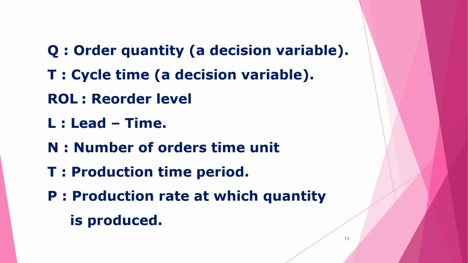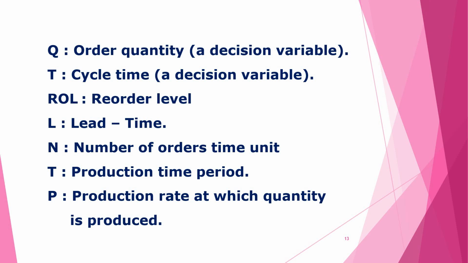Q defines order quantity, which will be a decision variable, and capital T is cycle time, again a decision variable. But here demand R, order quantity Q and cycle time T are related, so either Q or T can be treated as a decision variable.